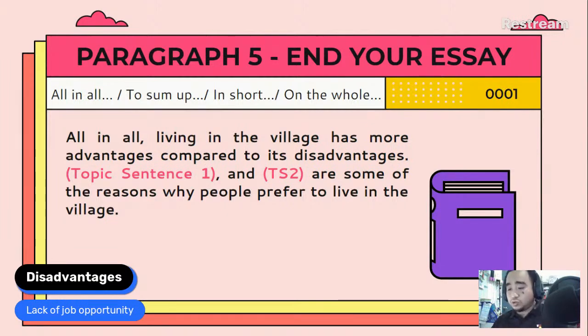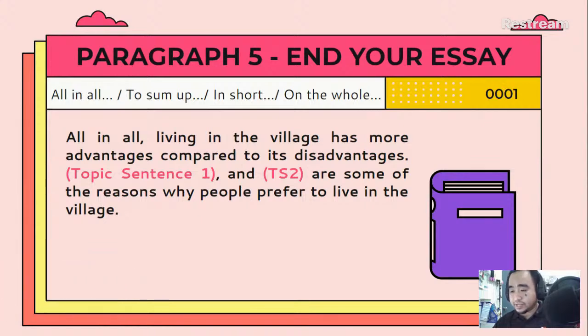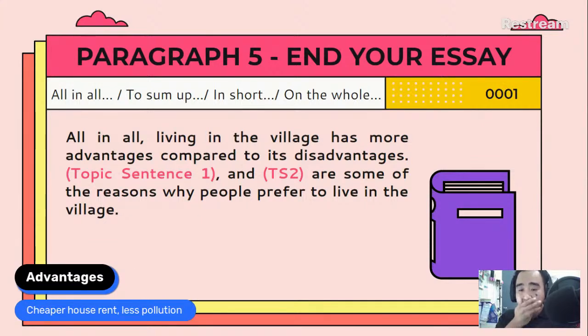Contoh, or you want to talk about advantages tadi. So you say cheaper house rent and less pollution. So for example, we take the advantages. All in all, living in the village has more advantages compared to its disadvantages.